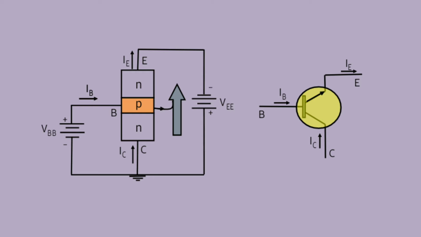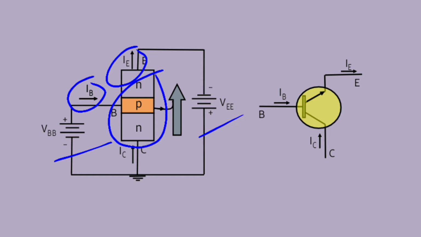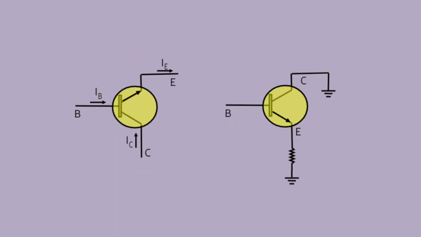Here an NPN transistor is taken as an example with a common collector, and proper biasing is applied to the NPN transistor and respective current directions are shown. Along with this, the common collector configuration which is provided with the load resistor is considered.